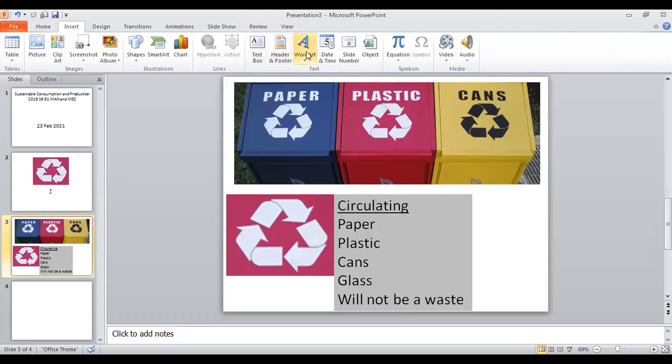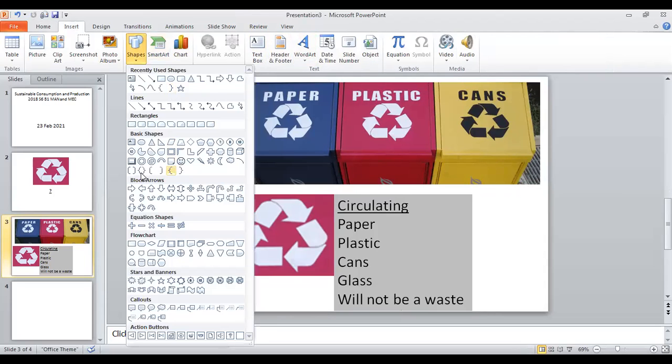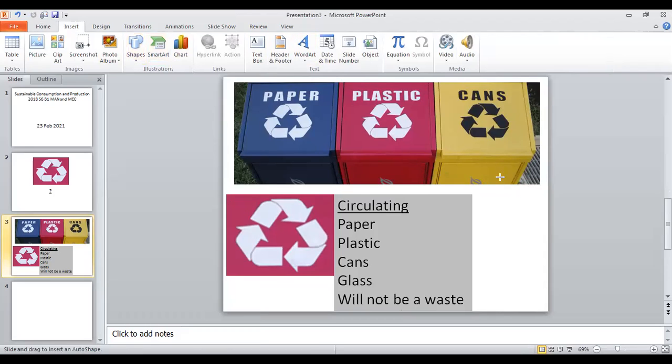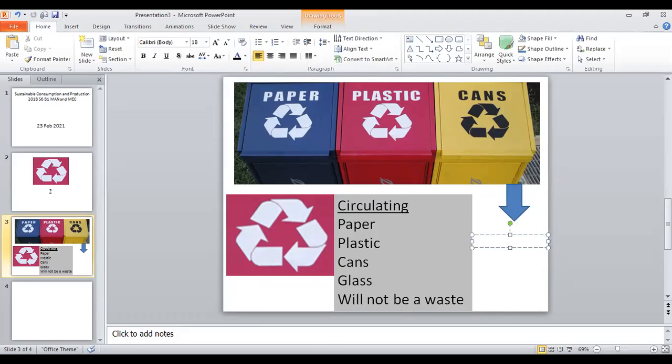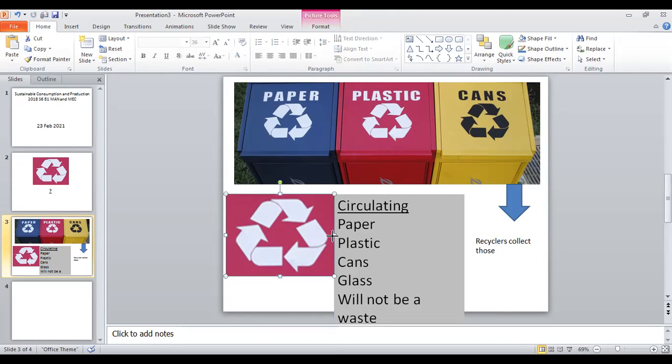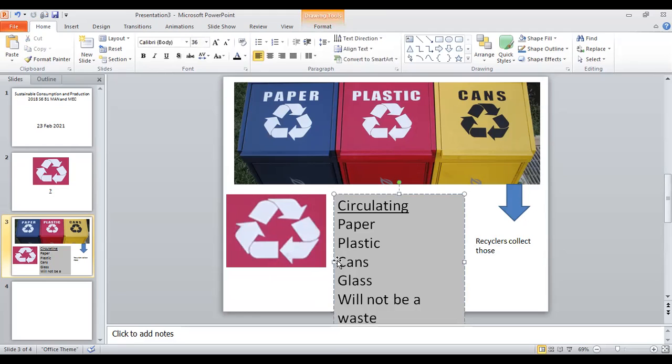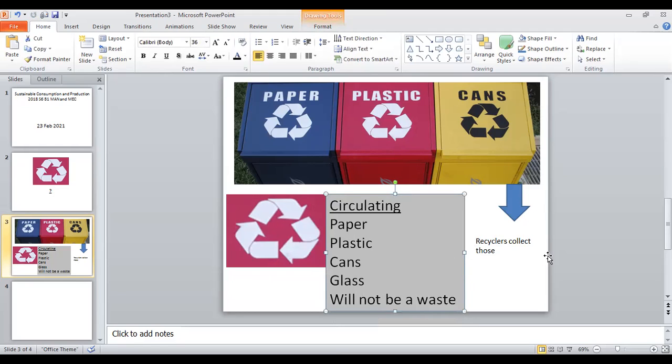Recyclers collect all of this, of course, free.